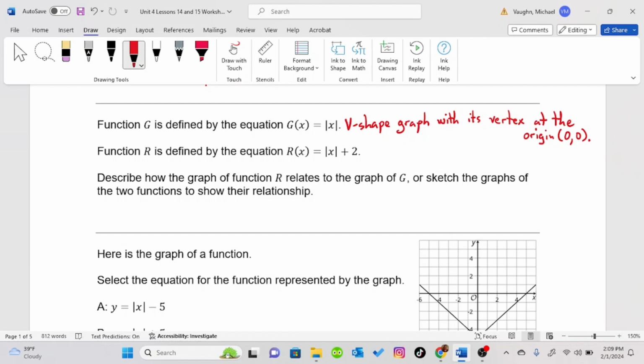Function R is this V-shaped graph from G, but the plus 2 means the Y values will be 2 larger.